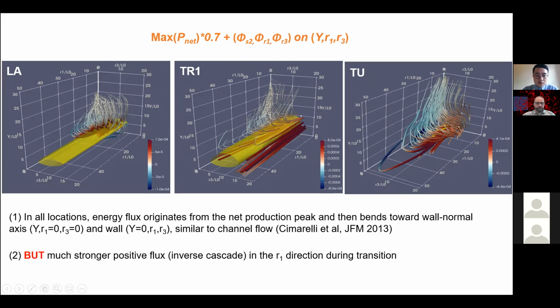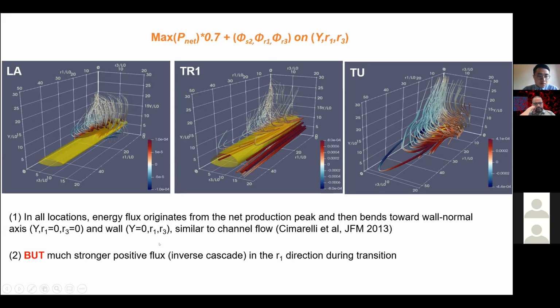We found the similarity of this plot in the 3 different locations is that energy originates from the net production peak and bends towards 2 dissipation regions. One is the wall normal axis, corresponding to a small scale zone, and another one bends towards the wall. This is similar to what we found in channel flow.